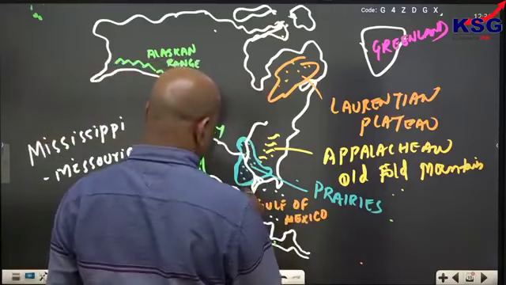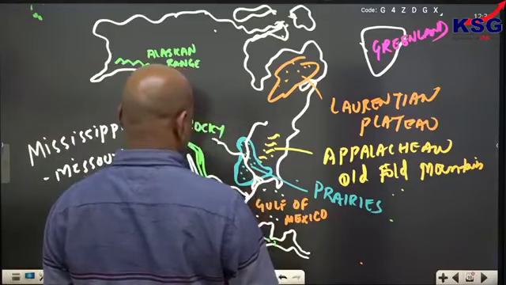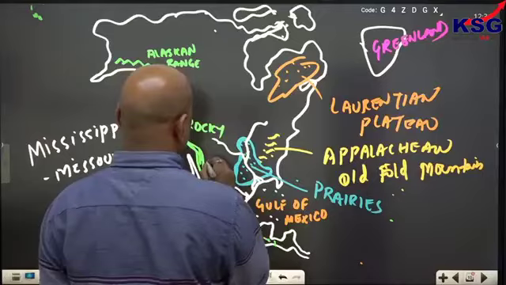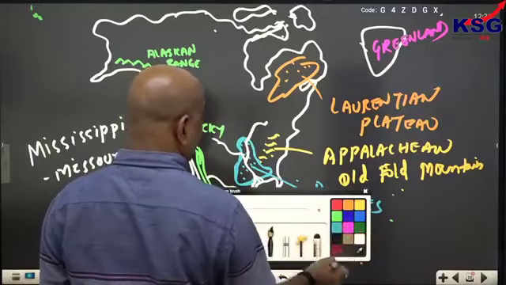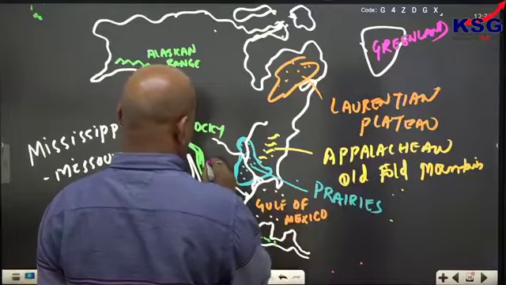Here you see the boundary between Mexico and USA. The river name is Rio Grande.